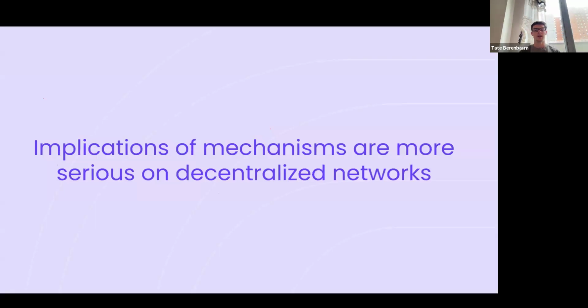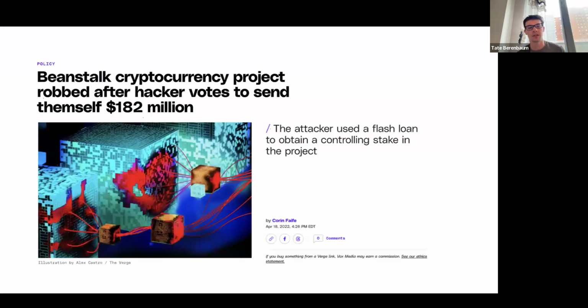The third problem is that for crypto specifically, the implications of these mechanisms are far more serious on decentralized networks, because it's very difficult to actually change the game when you have deployed something through a smart contract, or when you are building a blockchain or a decentralized network. A good example of this is Beanstalk. This is actually a really wild story.